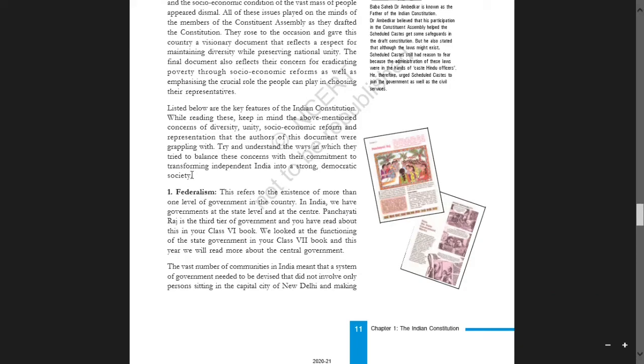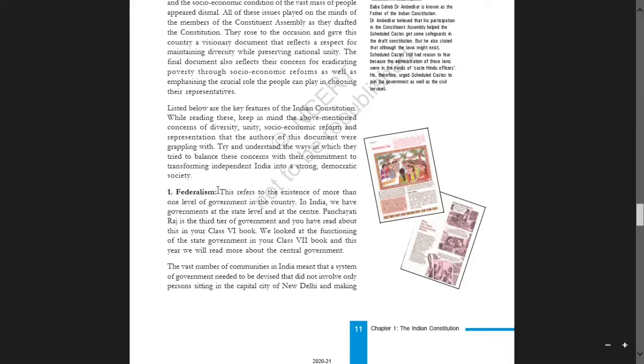Here, try and understand the ways in which they tried to balance this in relation with their commitment, that means activity, to transforming independent India into a strong democratic society.